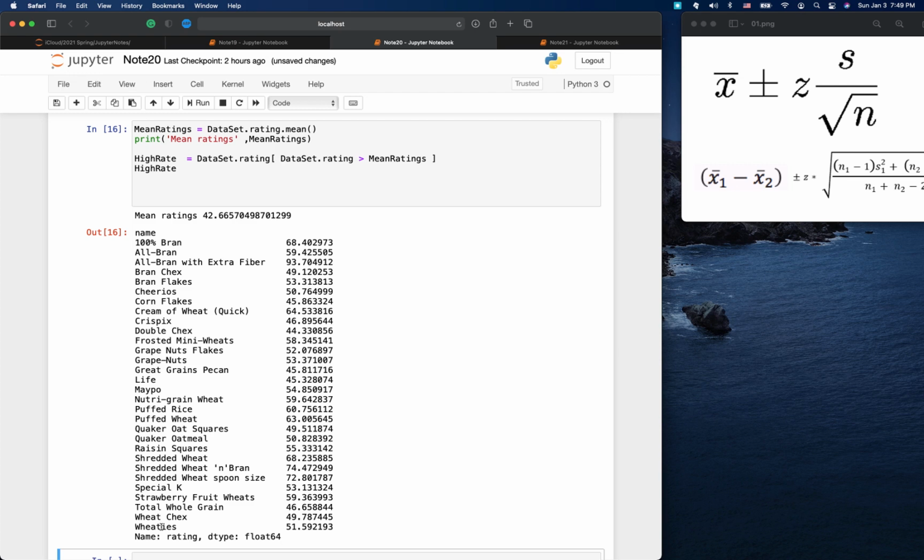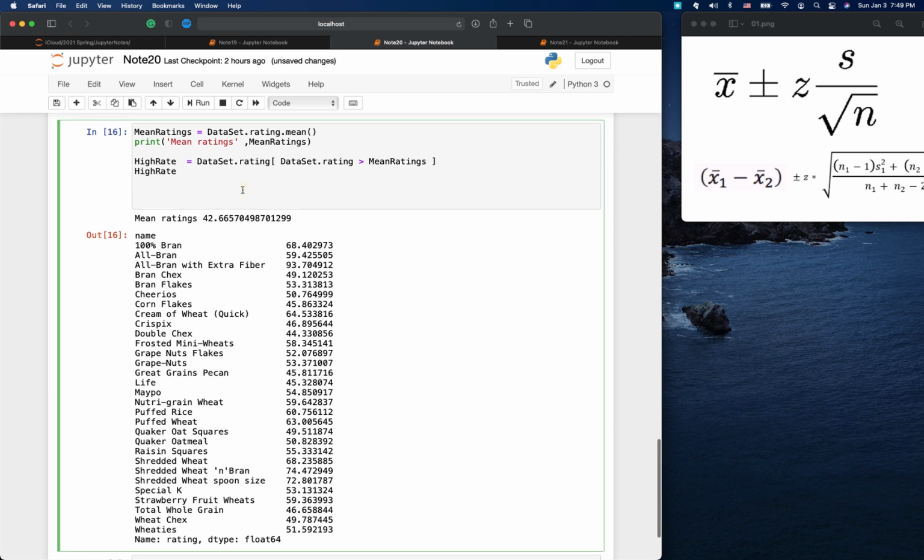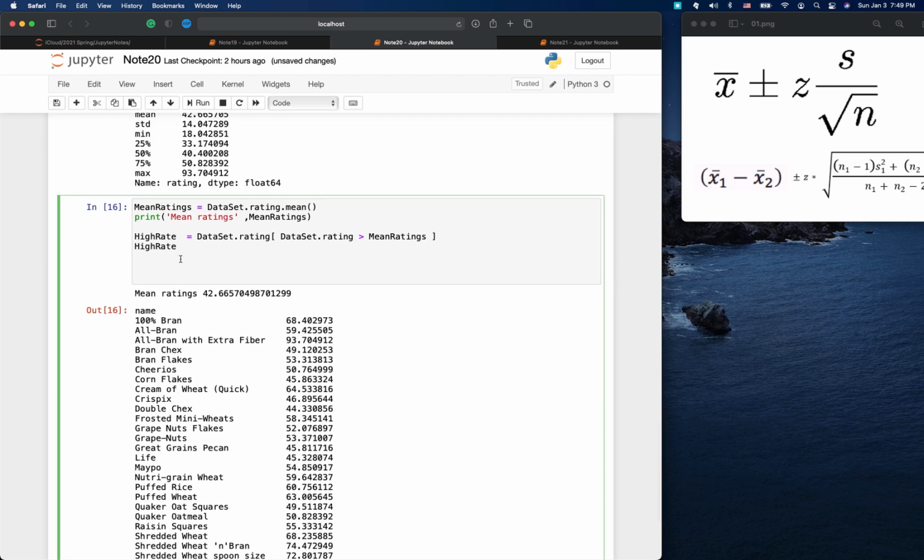And we have all the names of cereal. So I want to see what is the mean of this rating.